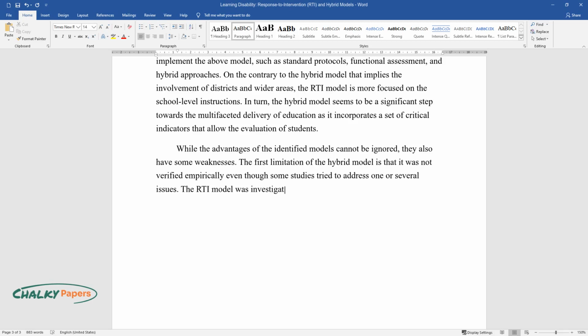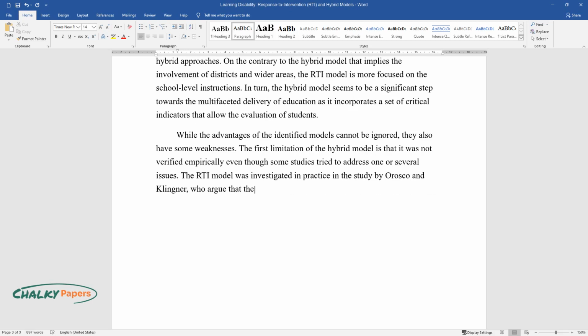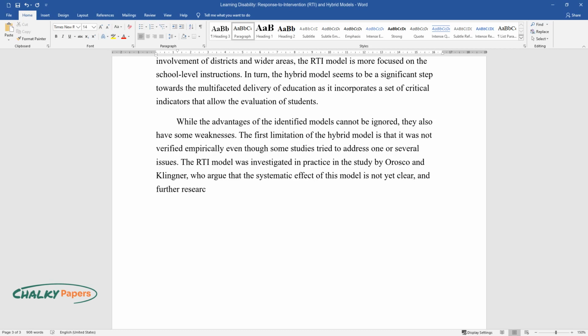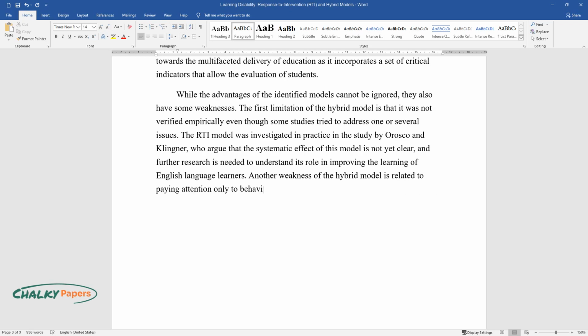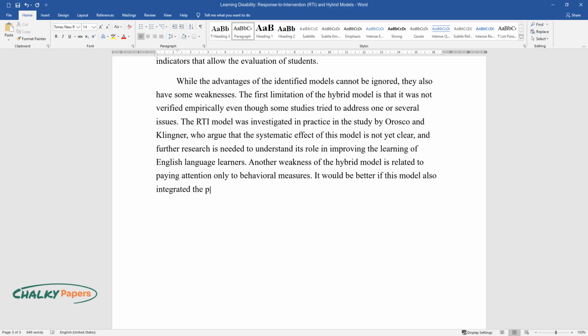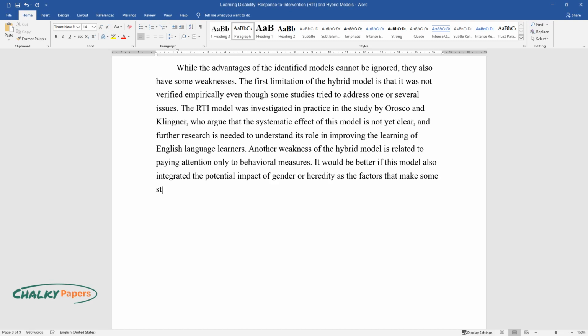The RTI model was investigated in practice in the study by Orosco and Klingner, who argue that the systematic effect of this model is not yet clear, and further research is needed to understand its role in improving the learning of English language learners. Another weakness of the hybrid model is related to paying attention only to behavioral measures. It would be better if this model also integrated the potential impact of gender or heredity as the factors that make some students more vulnerable to problems with reading.